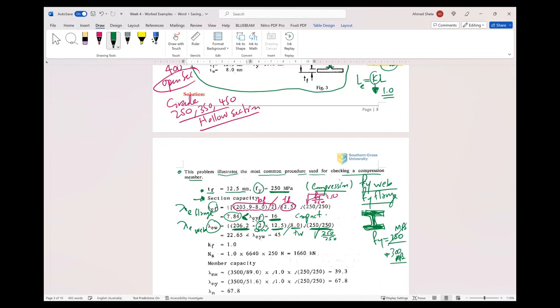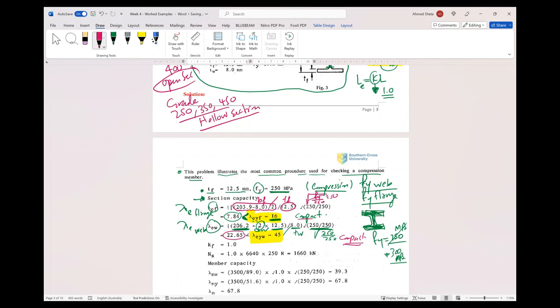This will give us lambda E web equal to 22.65, which is again less than this value here. This value for flange is from the table, and this value for web is from the table. So the flange is compact and the web is compact.